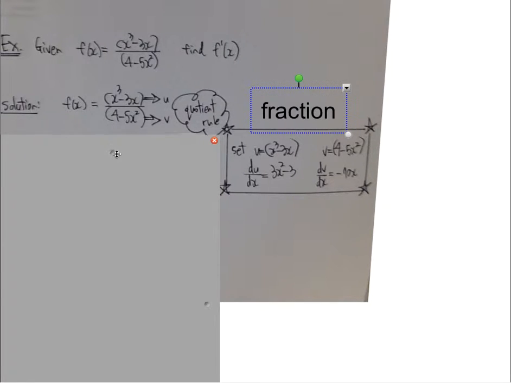Then, and this is the part that we haven't learned, this is what's called the quotient rule, where to find the derivative of a quotient, in other words, of a fraction, you take the derivative of the numerator and multiply it by the denominator in its original form, minus the derivative of the bottom times the numerator in its original form, and that's all divided by the denominator squared.